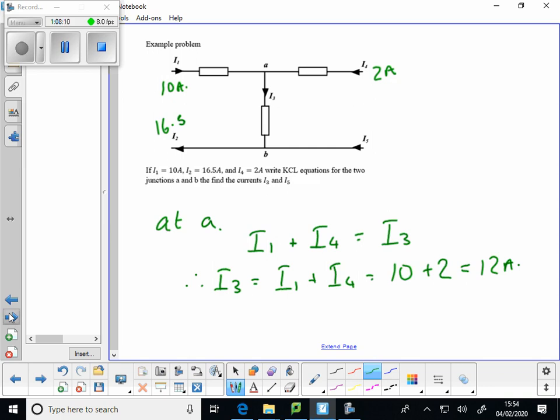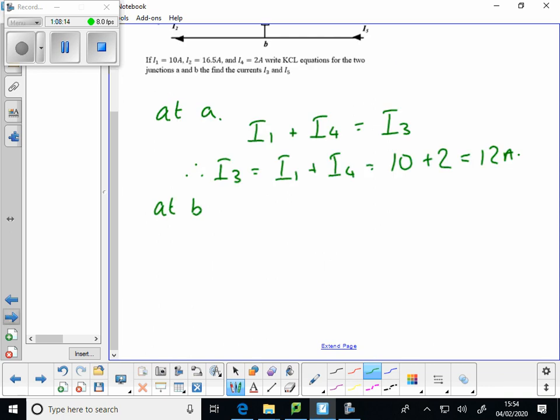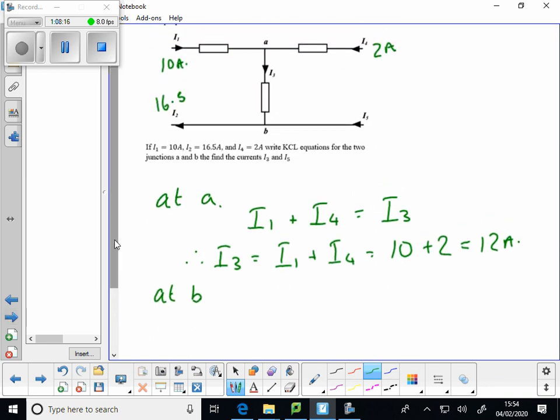And then at B, currents going in are I3 and I5, which equals I2. Yeah.